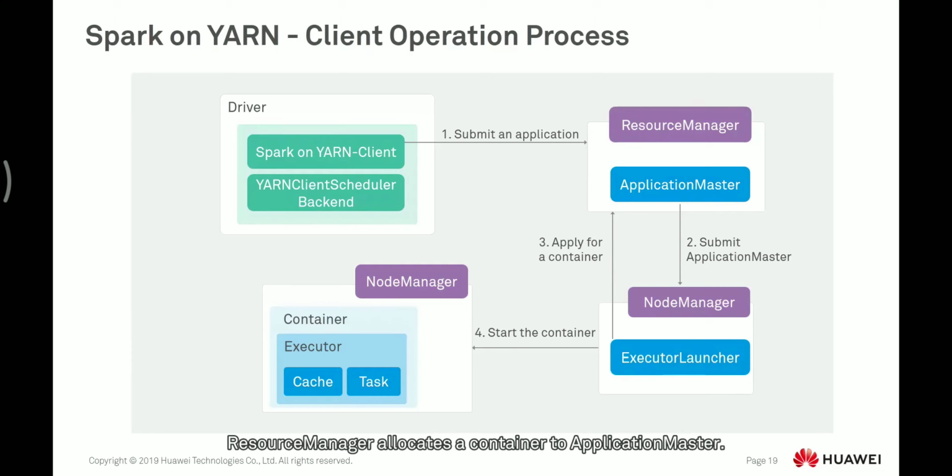Resource Manager allocates a container to Application Master. Then, Application Master communicates with the related Node Manager and starts Executor on the obtained container. After Executor is started, it registers in Driver and applies for tasks. Then, Driver allocates tasks to Executor. Executors do the tasks and report the operating status to Driver.